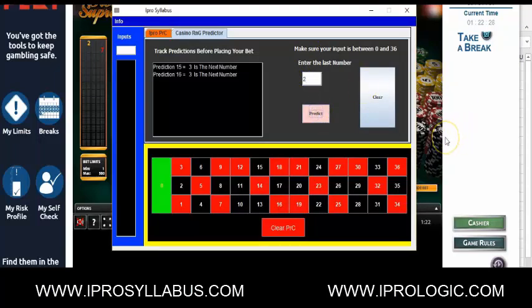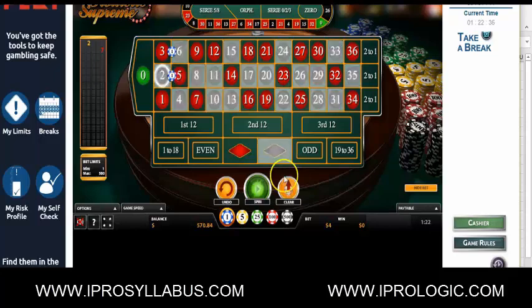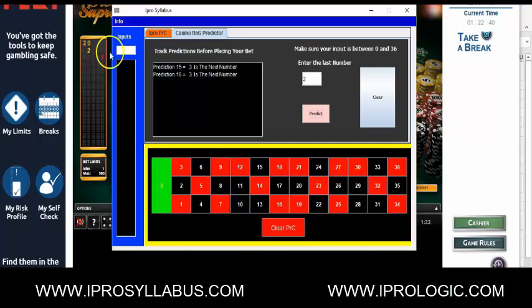So it's 3 again. Look at that, ironically. Okay. So now we will obviously go to that. Okay, we use the last number off the wheel. Okay, so now it's 20.